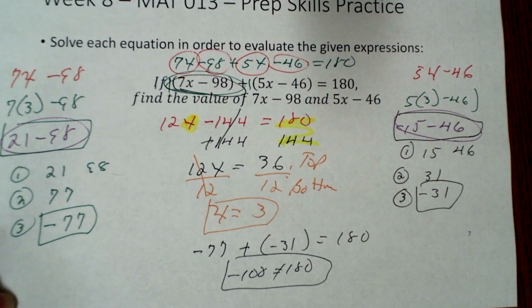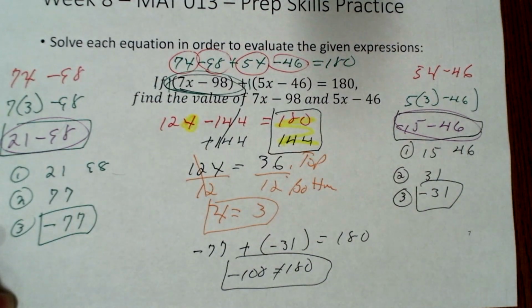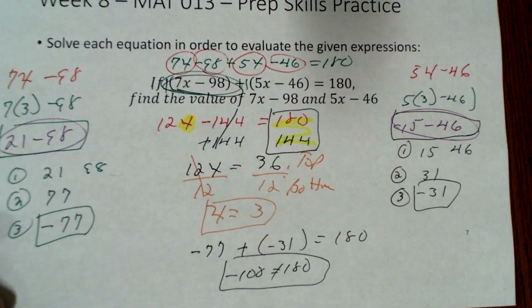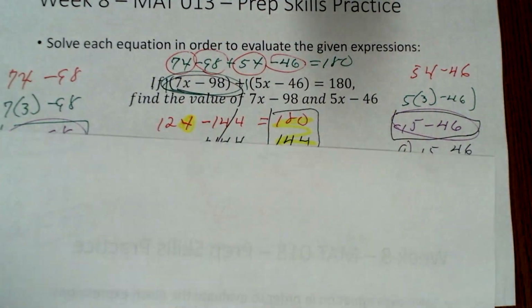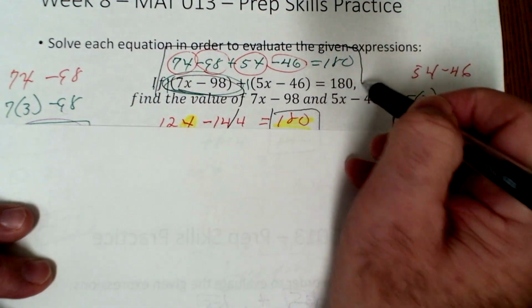The most common issue is the mistake I made here. I subtracted those numbers. Why? Because I'm a human being. I made an error. In my mind, I saw that we were subtracting those. So let's go back and solve this problem knowing what we know. Let's start over right here.